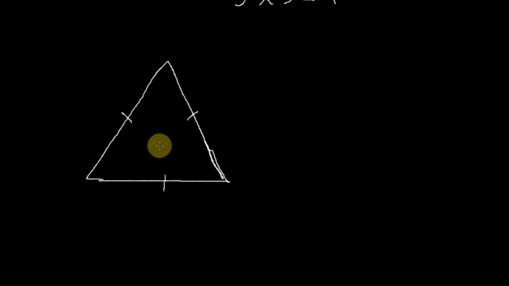We also need to understand that all the angles are equal. There are 180 degrees in a triangle, and we have three angles, therefore every angle is 60 degrees. I'm just going to write it out so you can see. We can see three sides are the same, three angles are the same.